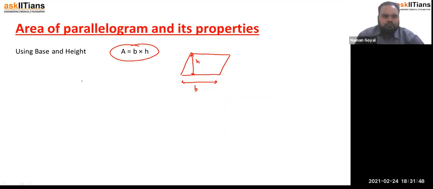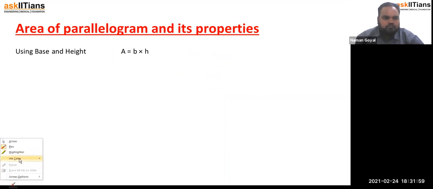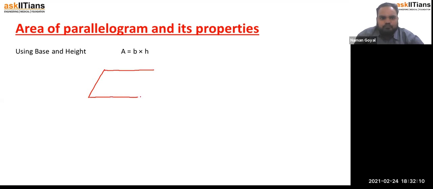Okay, now see what I do. If we have a parallelogram like this, this is H and this is B. So what I do is I just remove this triangle and apply this triangle to this side like this.